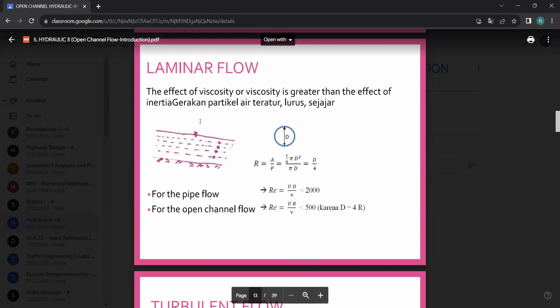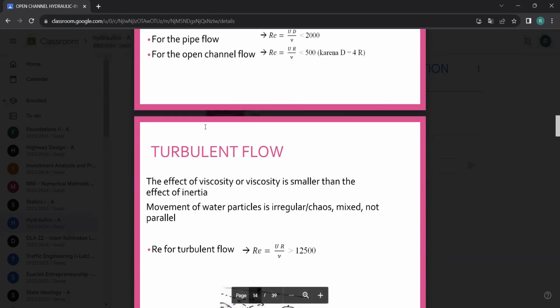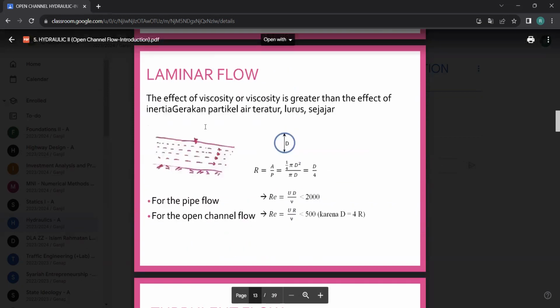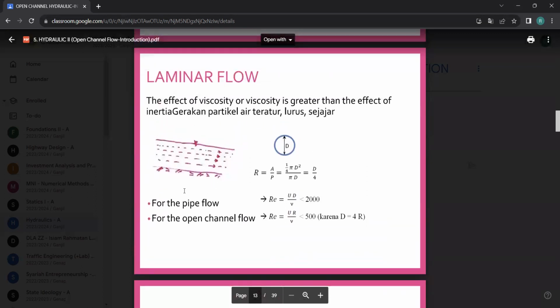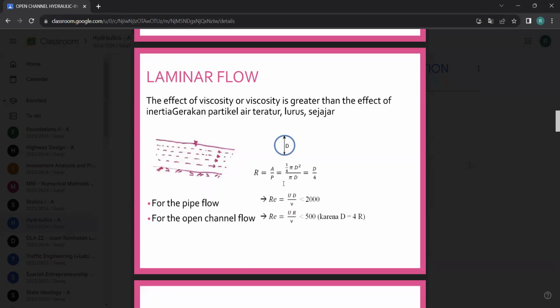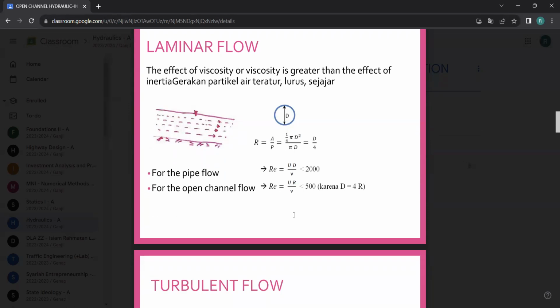So the water particles are regular, straight and parallel. And for the pipe flow and laminar flow, the Reynolds number is smaller than 2000. And for the open channel, it is smaller than 500.